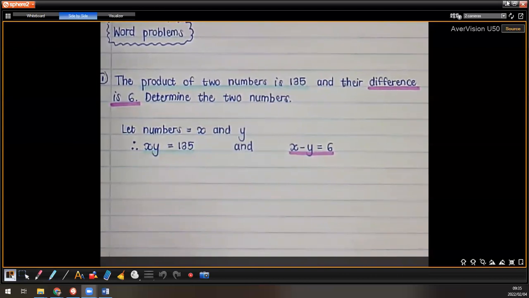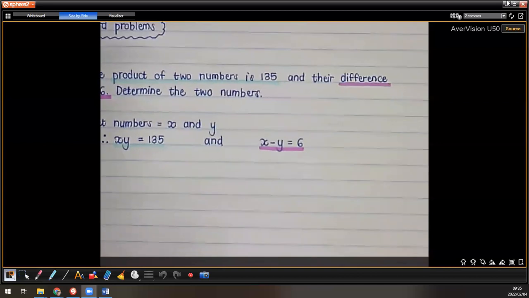Now guys, if we're just looking at those two equations that we have, do we notice that we have two equations with two variables? So what do we have to do there? Well, then simultaneous is good. We're going to have to use simultaneous equations.